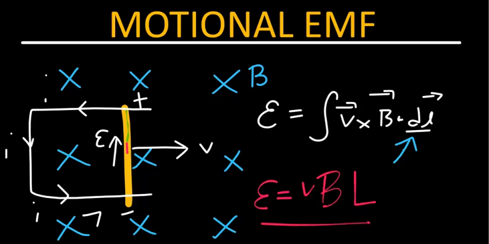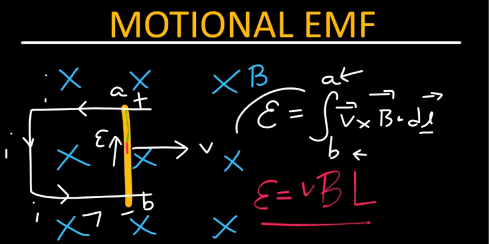So coming back to our previous example, if this end is B, that end is A, the direction of the EMF is from B to A, the limits of the integral would be the value of L at point B, that would serve as the lower limit, and the value of L associated with point A, that would serve as the upper limit. We shall see how to use this expression in examples that follow.